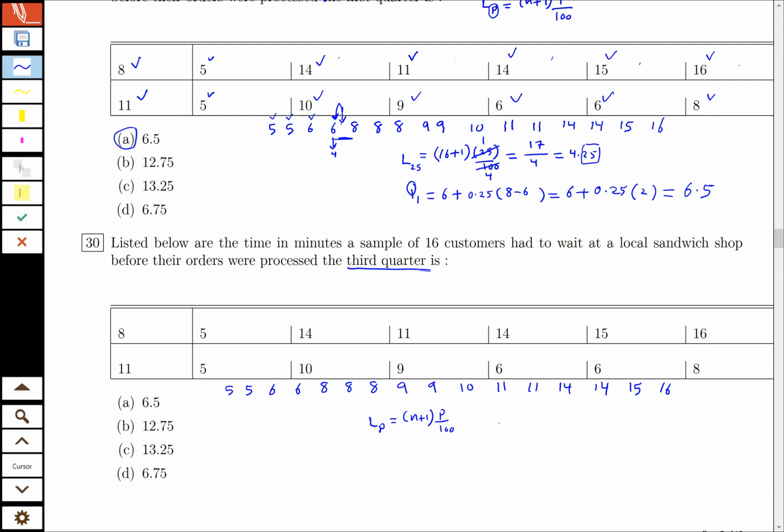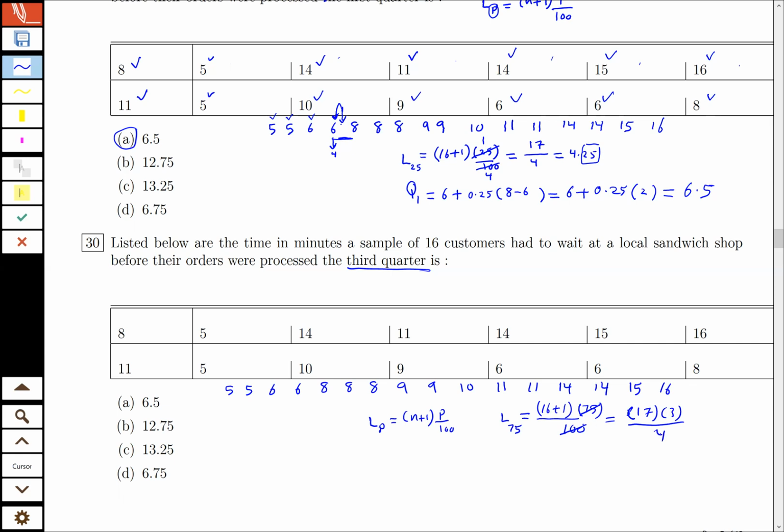If I want L75, the number of elements is 16, so it will be 16 plus 1 times 75 over 100, that means 3/4. So it will be 17 times 3 over 4.